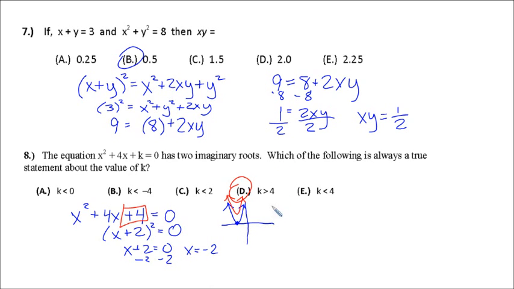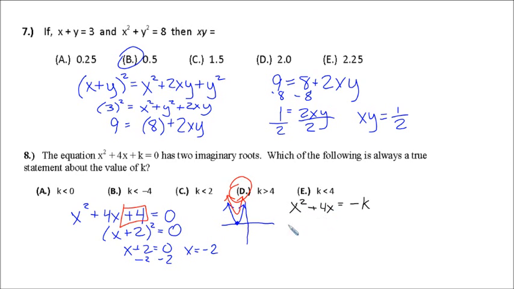There's a more algebraic way to solve this problem, and that's by completing the square. So, if we have x squared plus 4x, and if you go ahead and move the k to the other side, you have a negative k, since that's how we normally set up problems for completing the square. In order to make the left-hand side a perfect square trinomial, of course, we'd have to add this number 4 here.